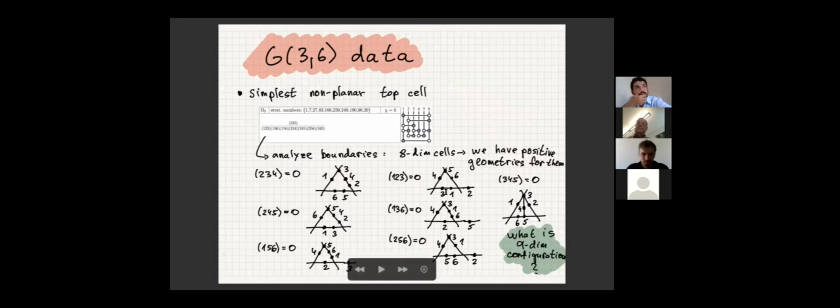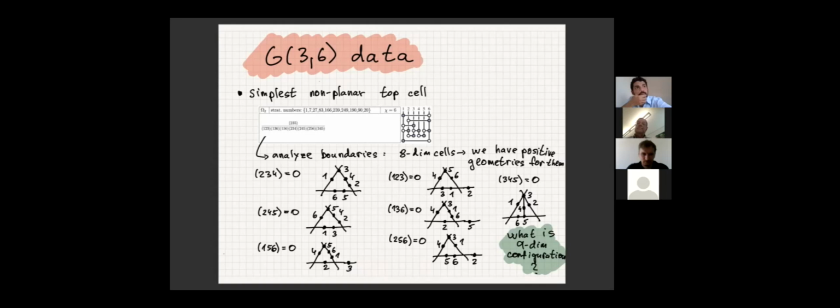Again, these are not all G36 cells, the 8-dimensional ones. There are others which don't show up in BCFW and are on-shell diagrams, and they have more complicated quadratic poles. But I agree, there should be some relations between them as well. I just don't know what the minimal set is.